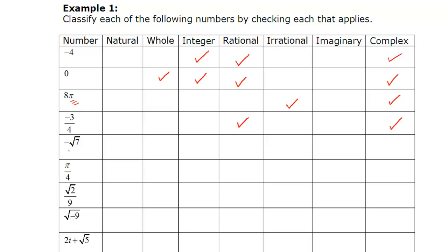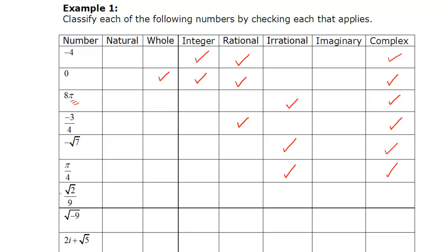-√7, so the negative is before the root. That means it's irrational, because if you try √7 on your calculator, it's a non-repeating, non-terminating decimal. Imaginary would mean the negative was inside the root. It's not, it's outside, so it's not imaginary, and it is complex. Here we have the pi, dead giveaway, irrational, complex.